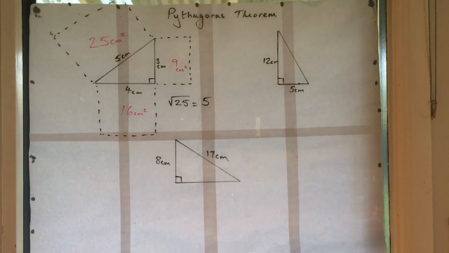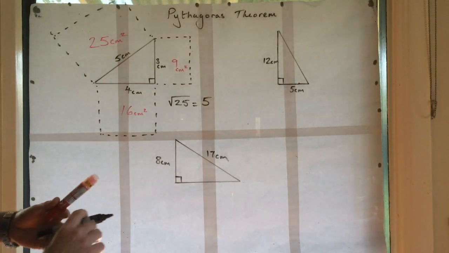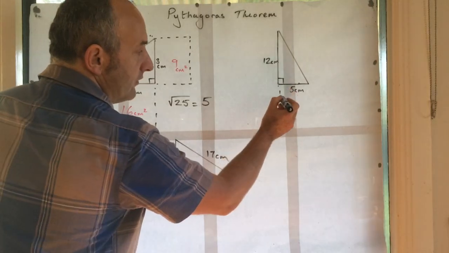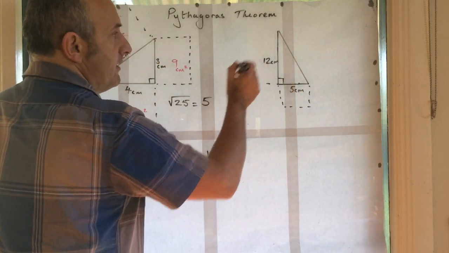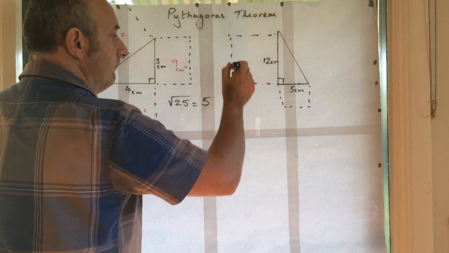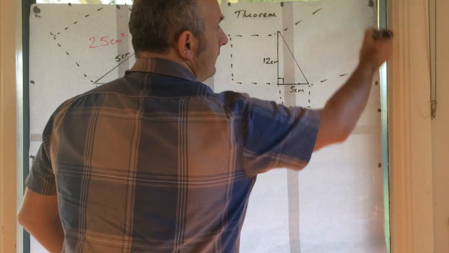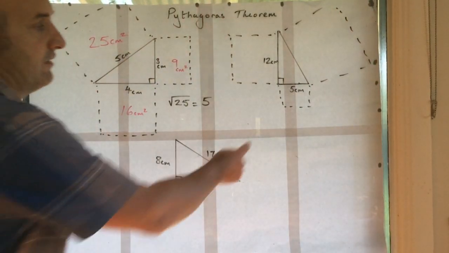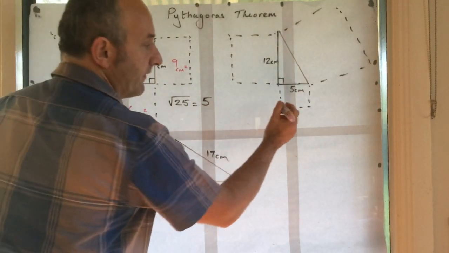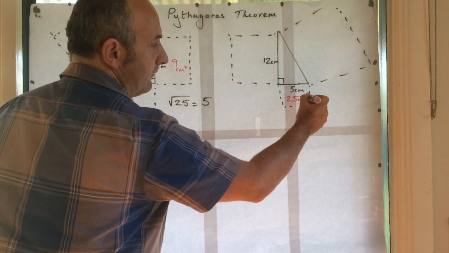Alright, let's see if we can do the same again with this scenario here. So, I've got a square here. You see what I'm doing? I'm just drawing squares on the side. Okay, and here. Okay, so we say, what's the area of this square? The area of this square is 25 centimetres squared.